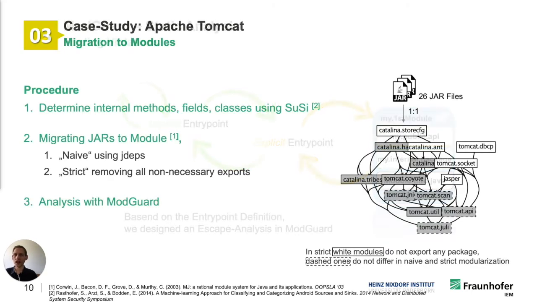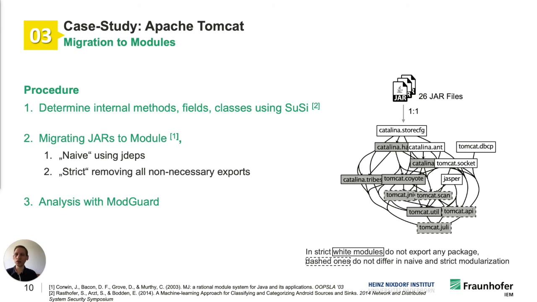To give an answer to the third question and to evaluate our analysis, we did a case study using Apache Tomcat, and therefore we migrated Tomcat to the new module system. We migrated each jar file to a separate module using two different approaches.